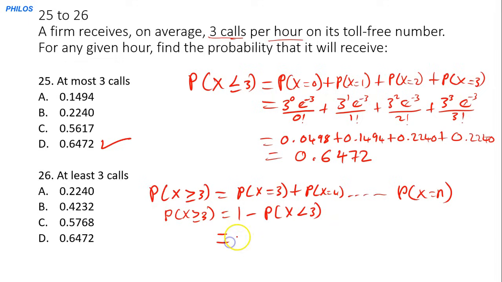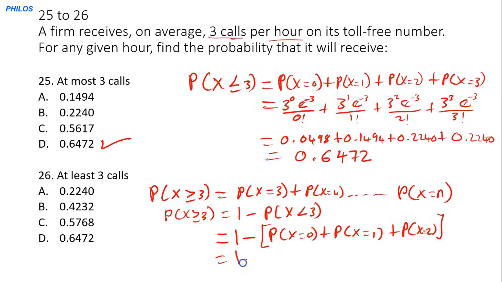So this will give us 1 minus, in brackets, the probability that x is less than 3, which means the probability that x is exactly 0, or x is exactly 1, or x is exactly 2. Okay, less than 3, so we stop at 2. So this will give us 1 minus, in brackets, the probability that x is exactly 0 is 0.0498 from here.